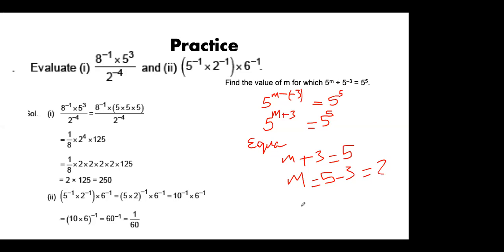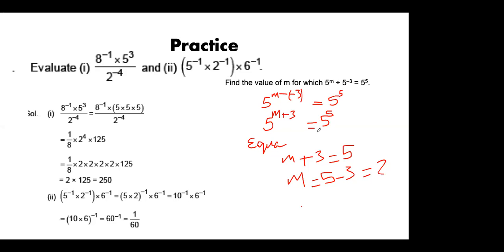Ma'am, I didn't understand. Which one? The last one. This one. Just first step, apply the law of quotient. So I applied the law of quotient, m minus minus 3 equal to 5 raised to 5. I get 5 raised to m plus 3 equal to 5 raised to 5. Now you can see over here, the equation sign is there.